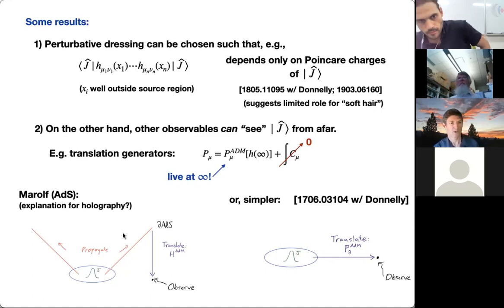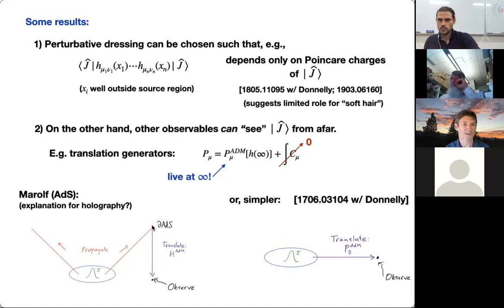The picture of how you relate bulk and boundary operators is you can relate, say, a bulk excitation or operator here to a boundary operator by following the evolution forward. But then once you've represented that as something on the boundary, you can effectively translate it back using this boundary operator, the Hamiltonian time translation, to translate it back to an operator, say, at equal times. And that is an operator that is capable of, say, observing this state.